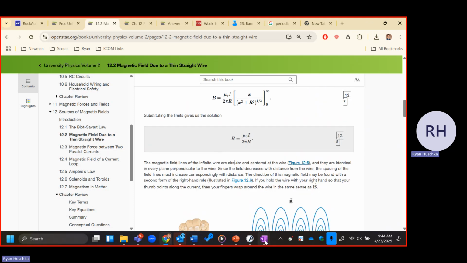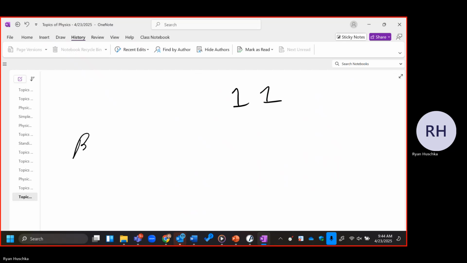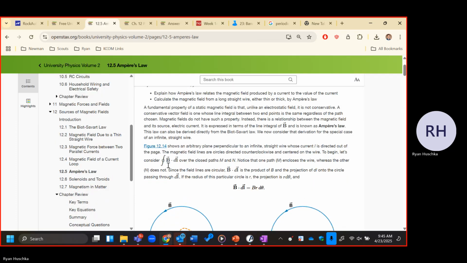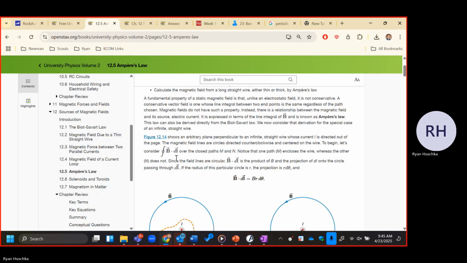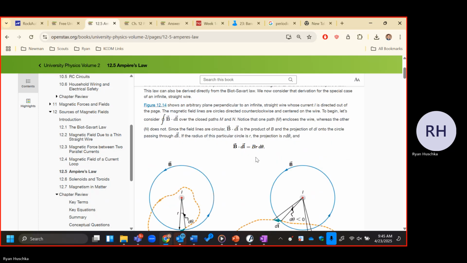If you will, let's write that down real quick so we can remember it. Biot-Savart law.